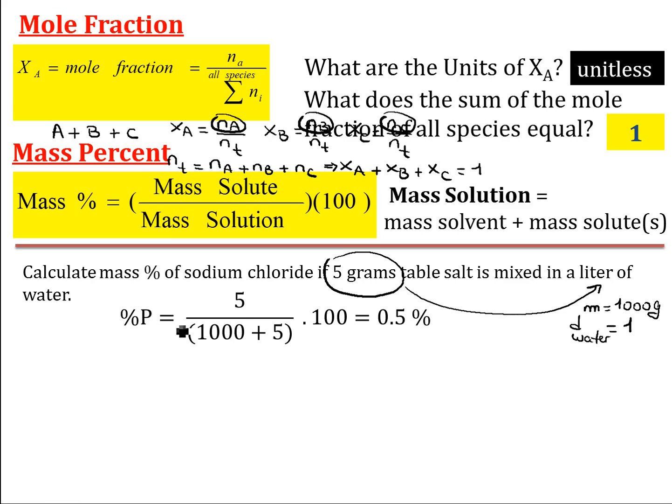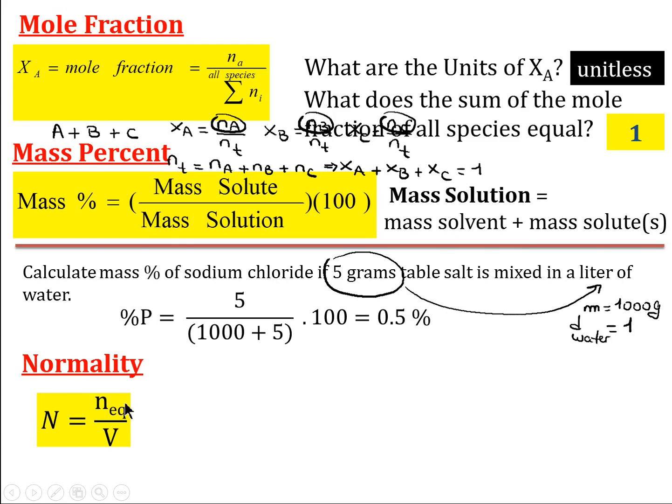So percent P equals 5 divided by the mass of the solution, 1000 plus 5, times 100, equal to 0.5%.